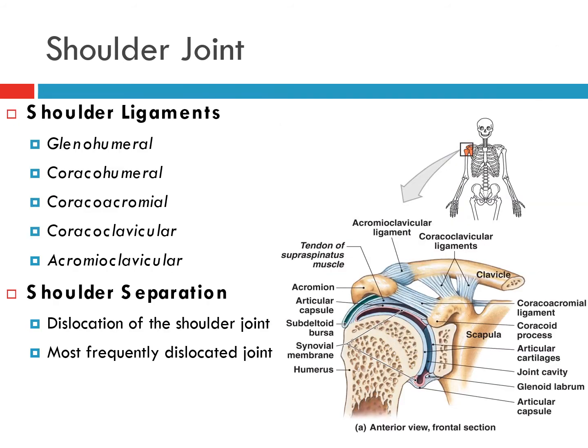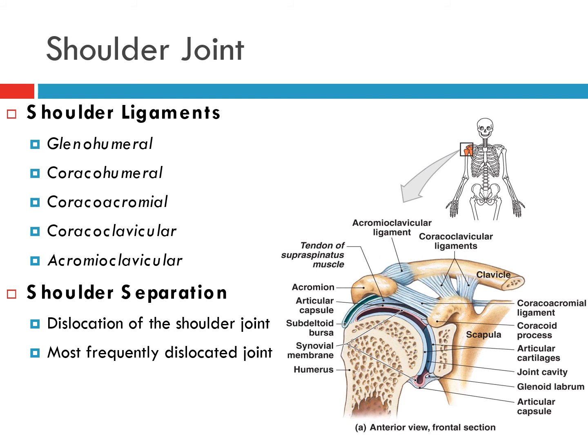Ligaments of the shoulder are all named for what they attach to. So instead of memorizing every ligament, what I would like you to do is look at the names and think, okay, where would this be? Glenohumeral ligament. Well, that sounds like it would go from the glenoid process to the humerus, right? And that's exactly what it does.